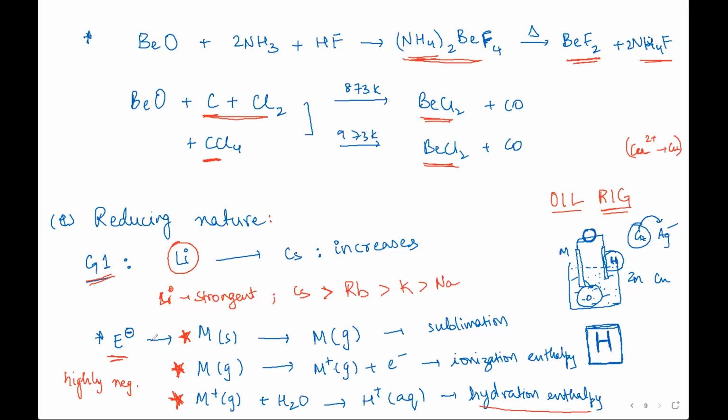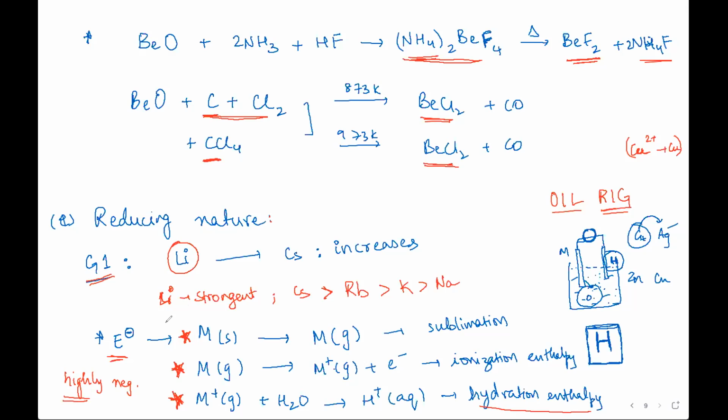And the higher the negative value, the more easily it's going to reduce other substances. So for a strong reducing agent, you want the magnitude of E naught to be as high as possible, and the sign should be negative. So you need a high negative value of E naught.